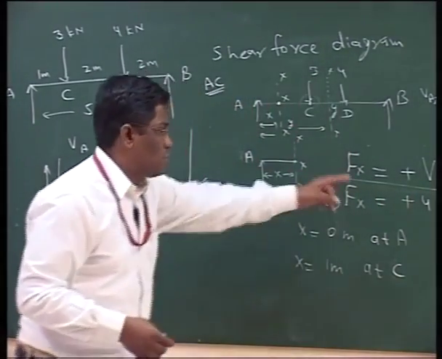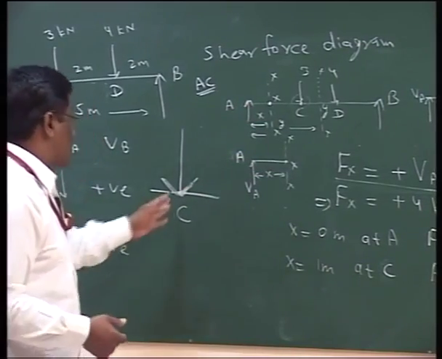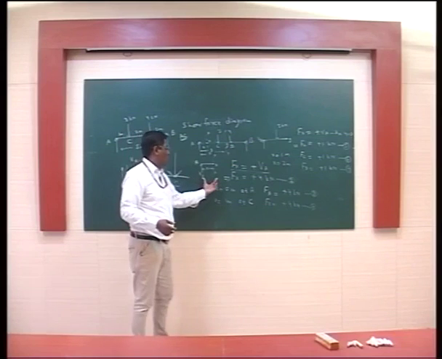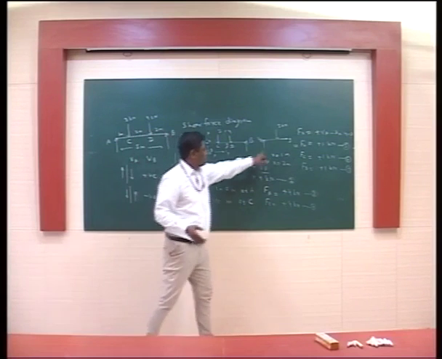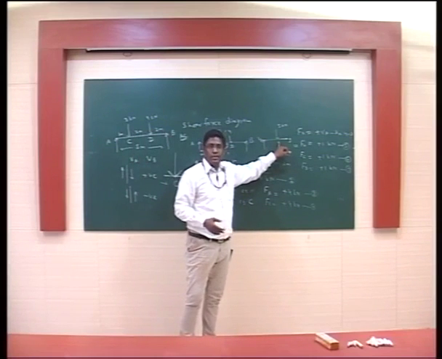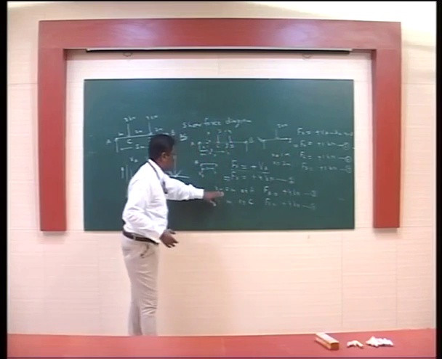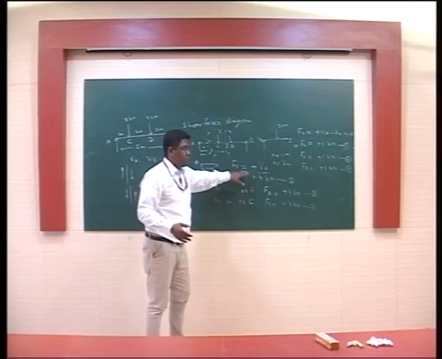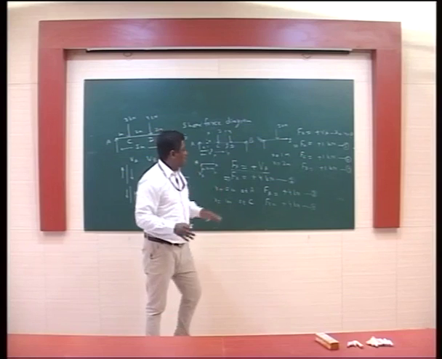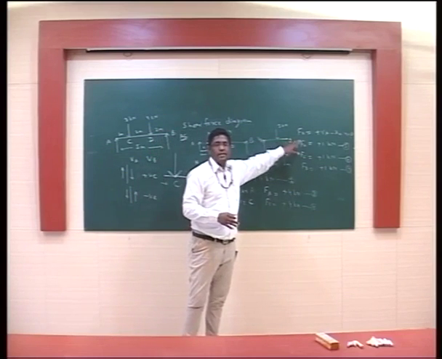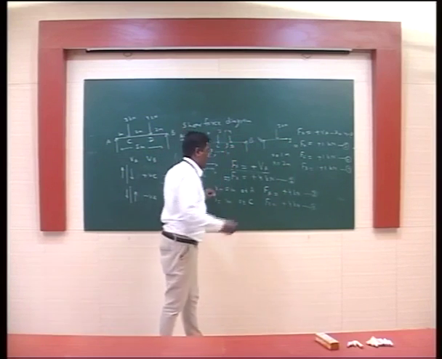Why wrong? Because in this equation we have not considered the force 3 kilonewton, because it was not acting in this particular portion, if I see this diagram. Whereas if I cross the point C, then obviously the 3 kilonewton load will come into action. So to differentiate these two values, we are saying that this particular equation is not the equation of AC, whereas it is from A to just left of the C, and this particular equation is from the right side of C to the left of D. So what is the right way?